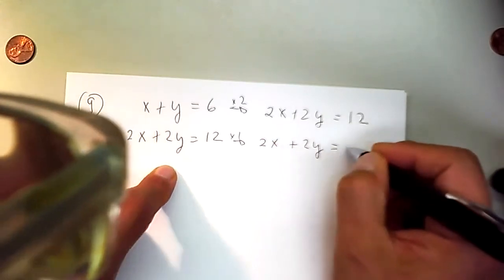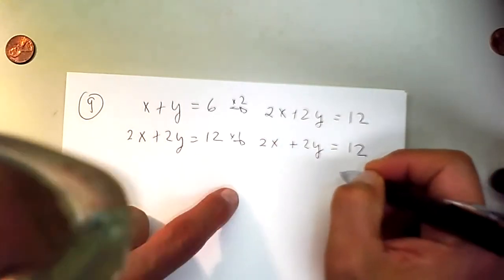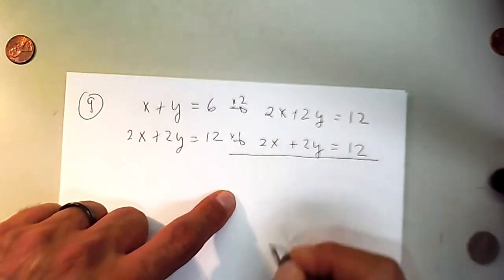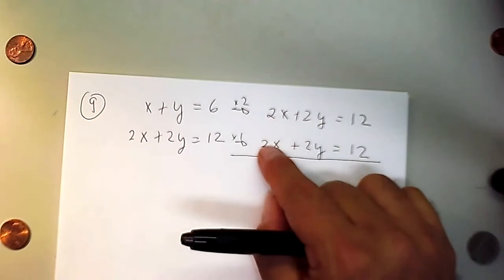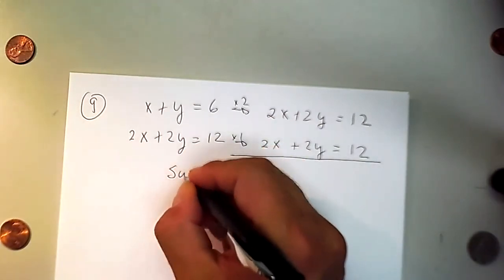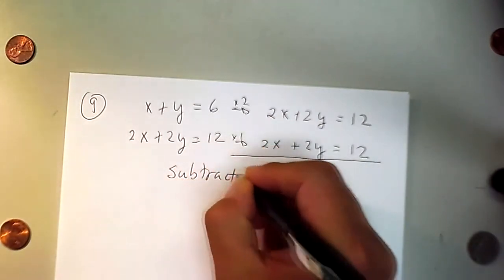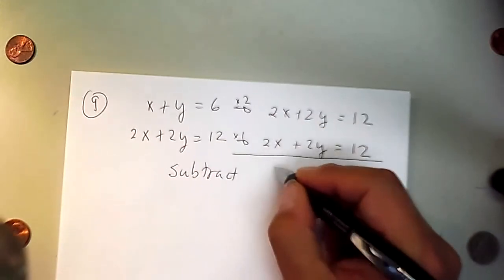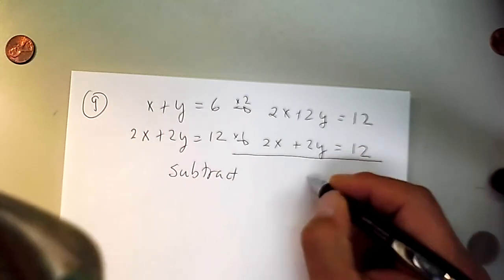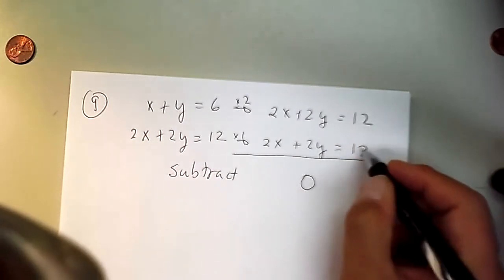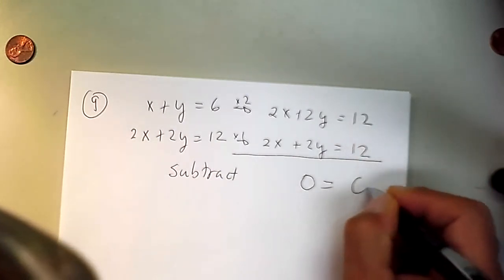2y equals 12. Now, we may be thinking, okay, I want to eliminate the x. Both are positive, so we want to subtract. 2x minus 2x, no x. 2y minus 2y, no y. 12 minus 12, 0.